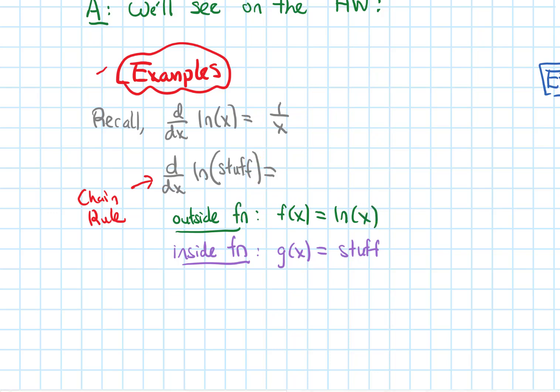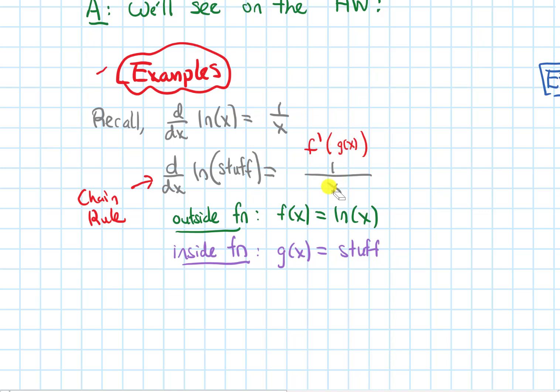So the chain rule says, when you do this derivative, you should first get f prime, the derivative of the outside, but then keep plugging the same inside function into that. So when I take the derivative of the outside thing, the ln of x, that's typically 1 over x. But the chain rule says, don't write x there. Keep plugging the stuff in for the x.